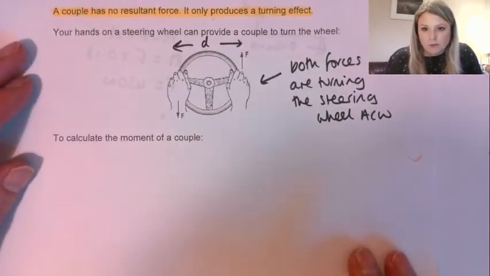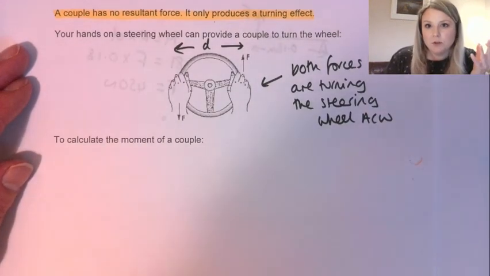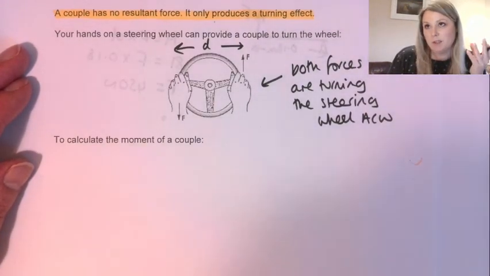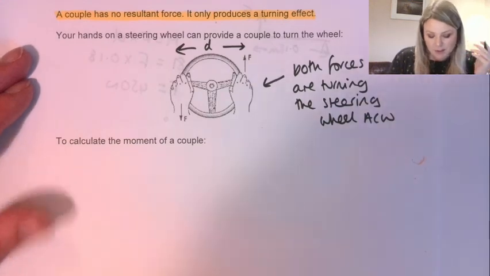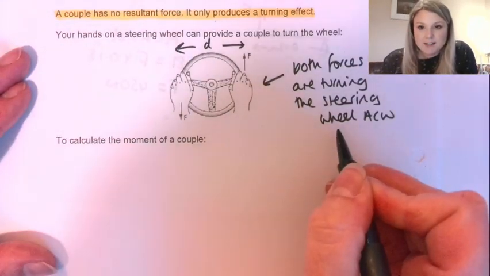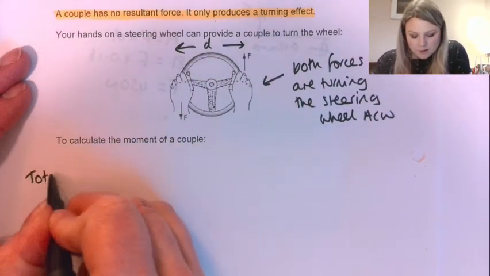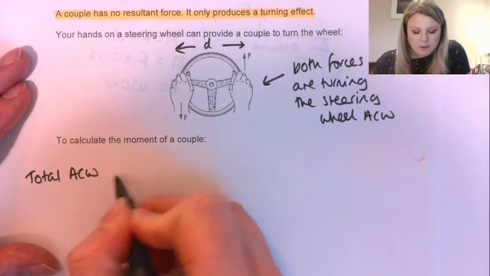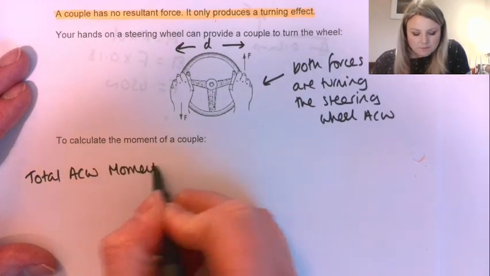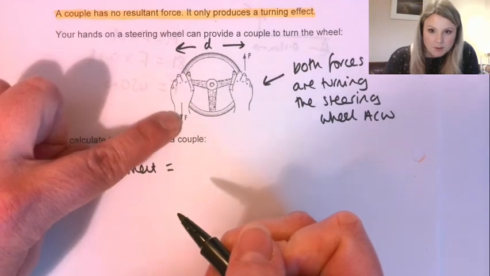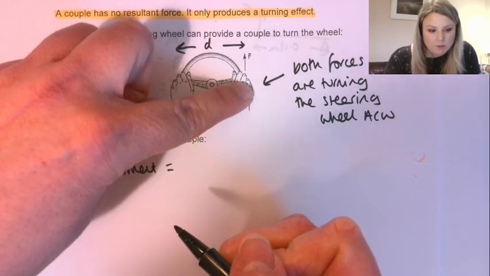Right. So to calculate the moment of a couple, if we just do this using our normal moment, so moment equals force multiplied by distance from the pivot, then because they're both turning this anti-clockwise, the total anti-clockwise moment is going to be the moment produced by this one plus the moment produced by this one.